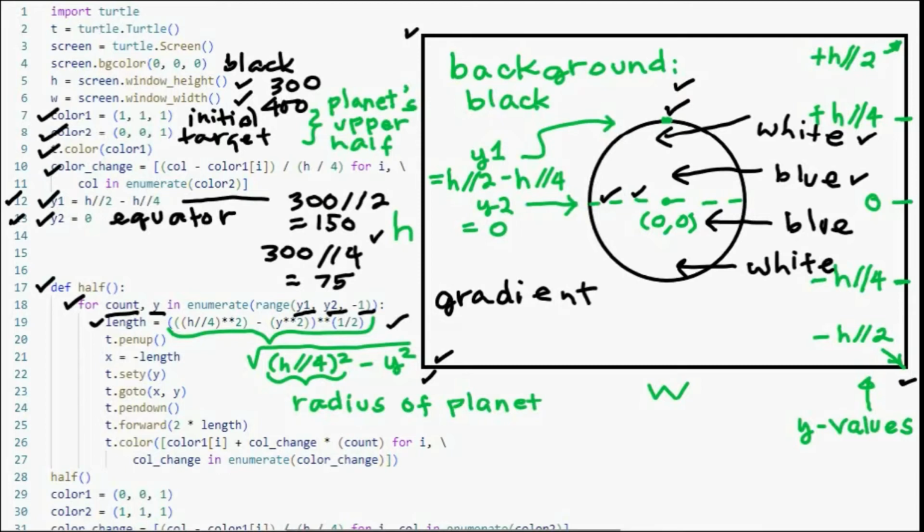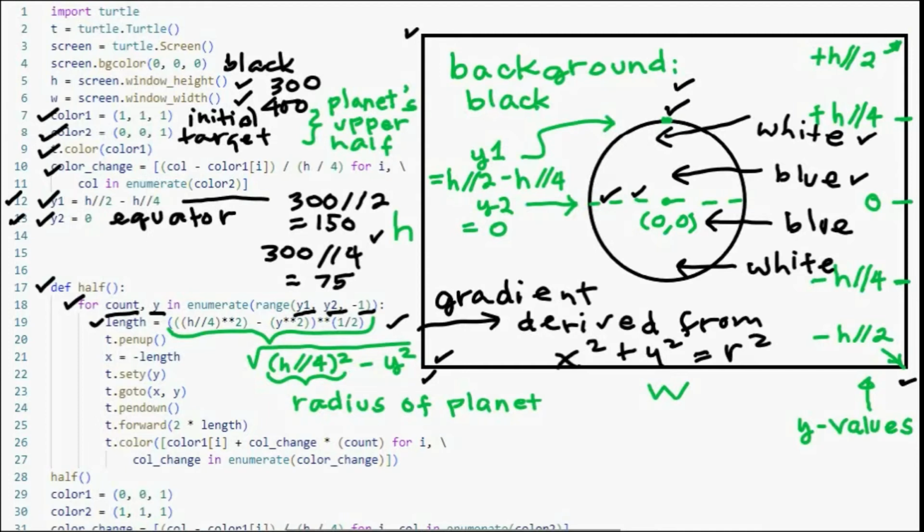The formula here is derived from x squared plus y squared is equal to r squared, where the r is the radius of the circle.